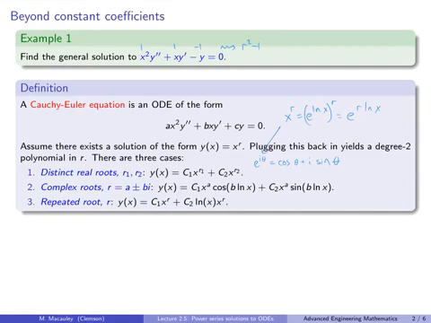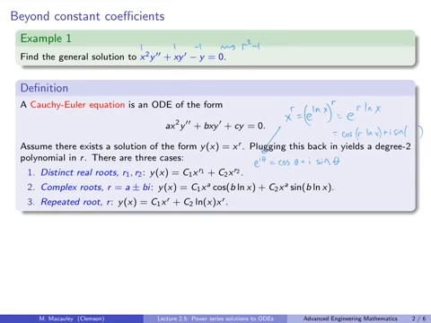And now if you use Euler's formula here, you can write this as cosine of r times natural log of x plus i sine of r natural log of x. And that's where this b natural log of x and sine and cosine comes from.